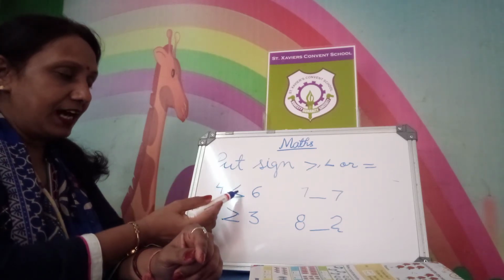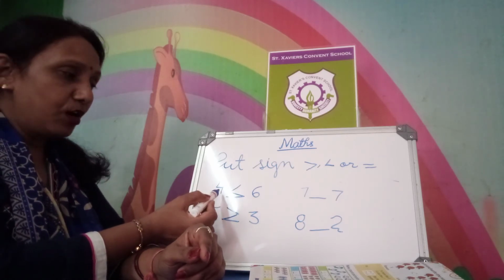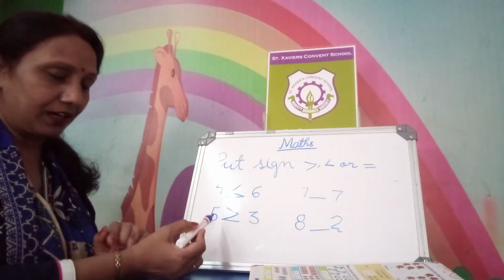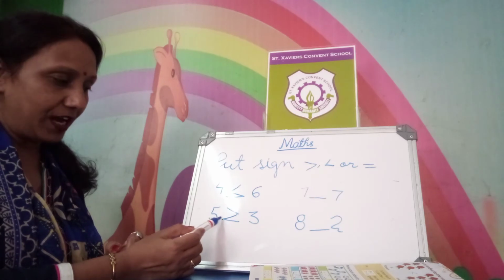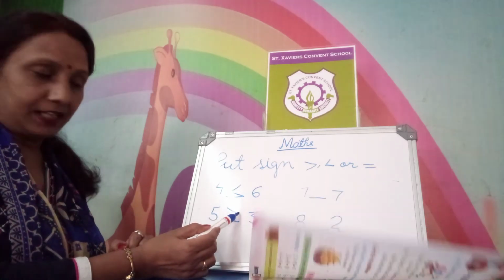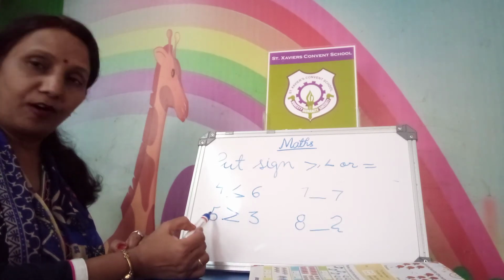When you see that 6 is greater than 4, this one is the sign of greater than. Here similarly, this sign is greater than, so 5 is greater than 3, and this sign is that of less than, so 3 is less than 5.